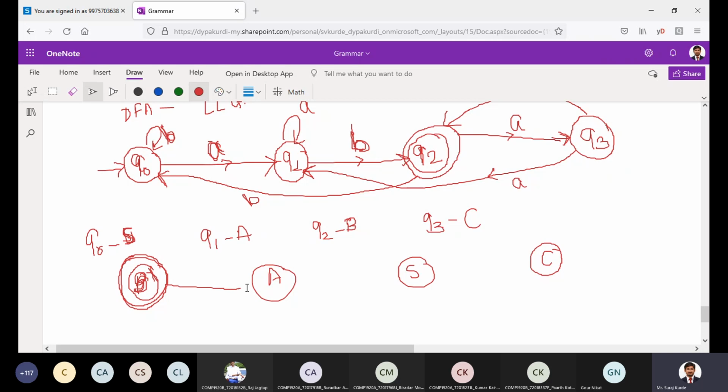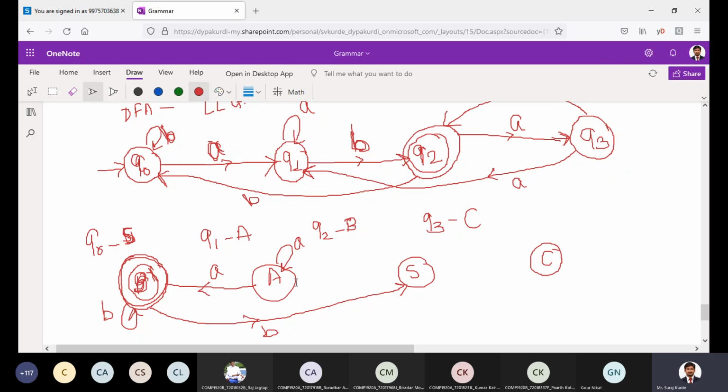Then reverse the direction. A to B on input B, B to S on input B, A to A remains as it is.